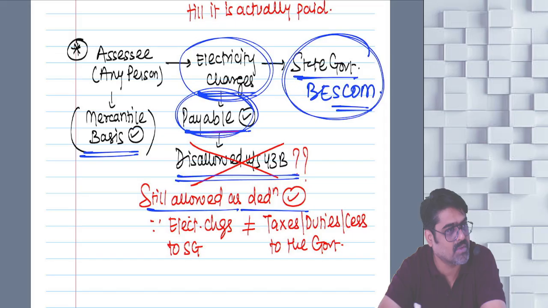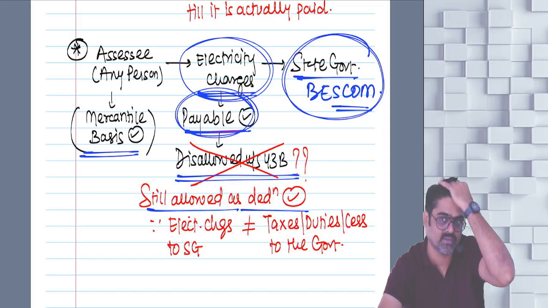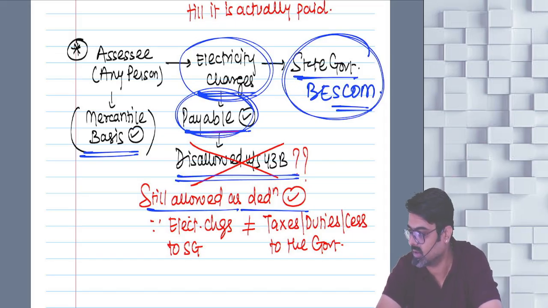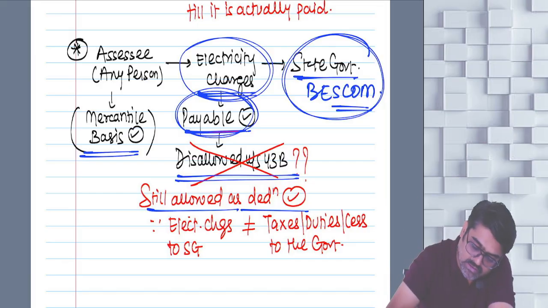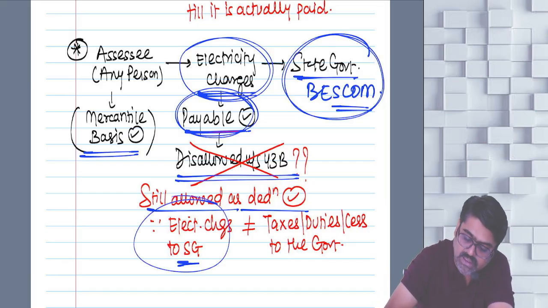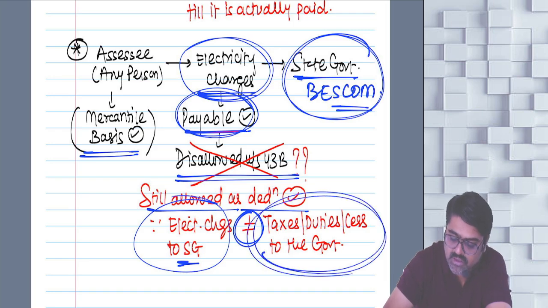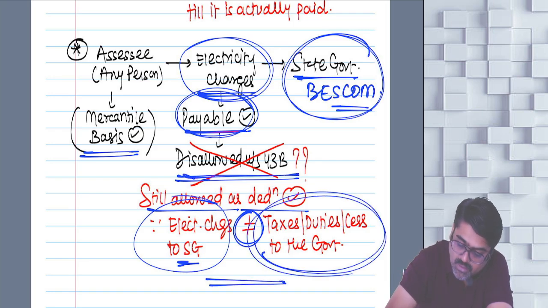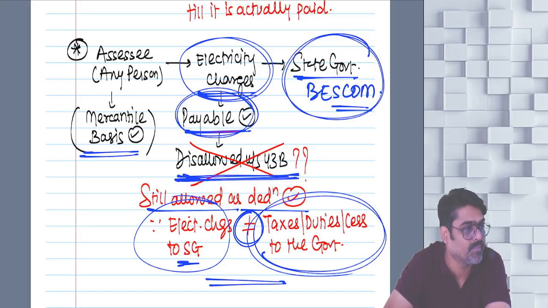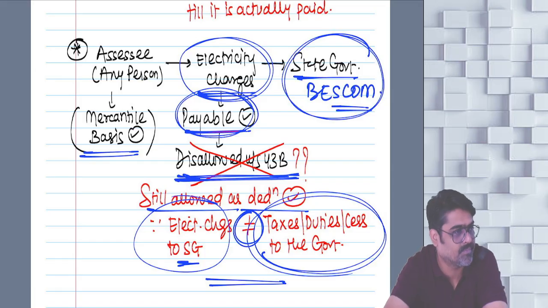Understanding or not? Electricity charges to the state government are not taxes, duties or cess. Hence, you cannot apply the disallowance of 43B. Even if they are not paid, they can still be claimed as a deduction. This is also a CBDT circular clarification.